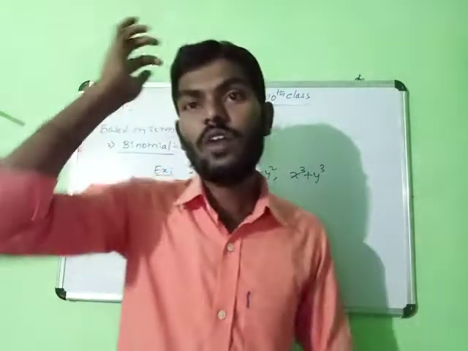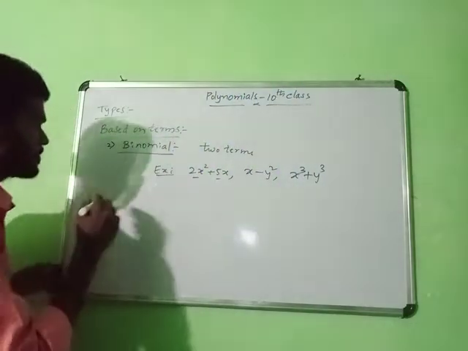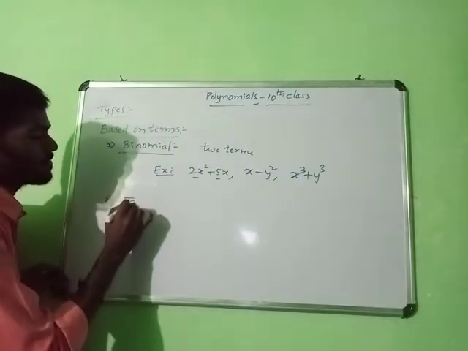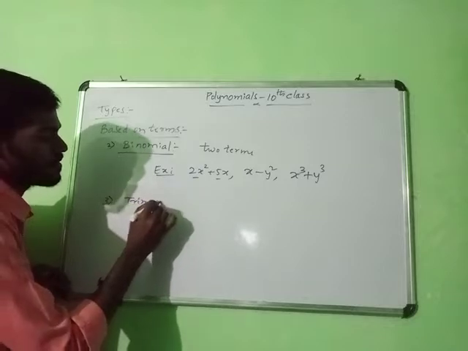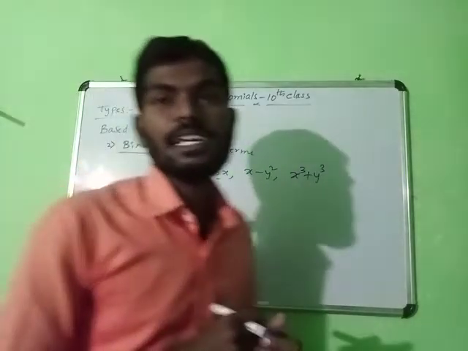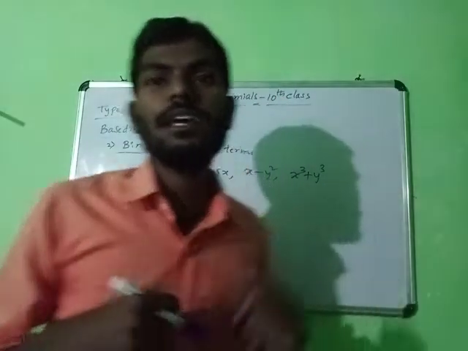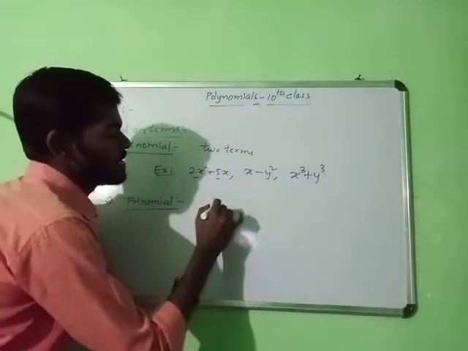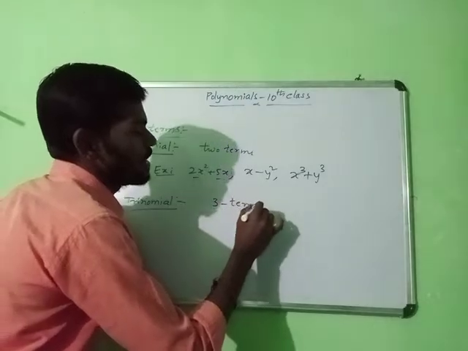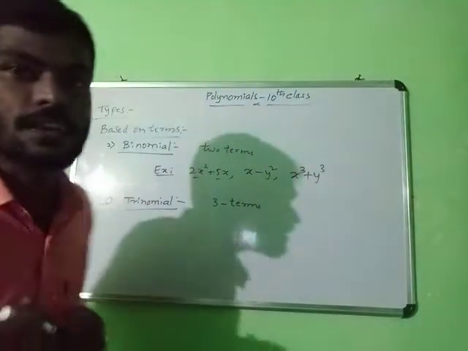And then the next one is, what is a trinomial? An expression or a polynomial containing three terms is called a trinomial.